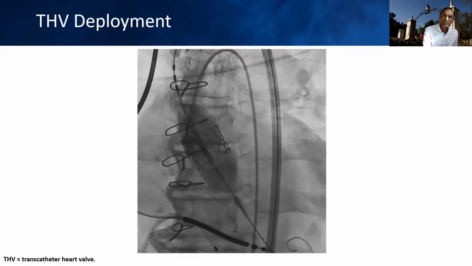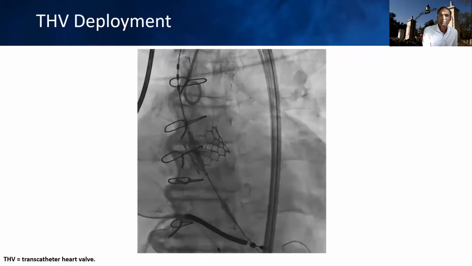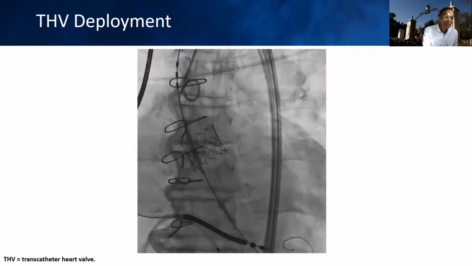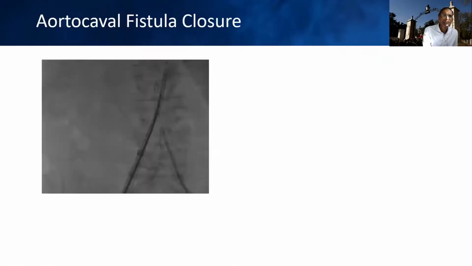So the other challenge is that we've now created this aortocaval fistula and need to ensure that we have a dedicated and durable closure of this on the way out. So first what we do is we exchange the TAVR delivery equipment and actually place an Agilis catheter, typically a medium bend Agilis, through the large bore sheath.